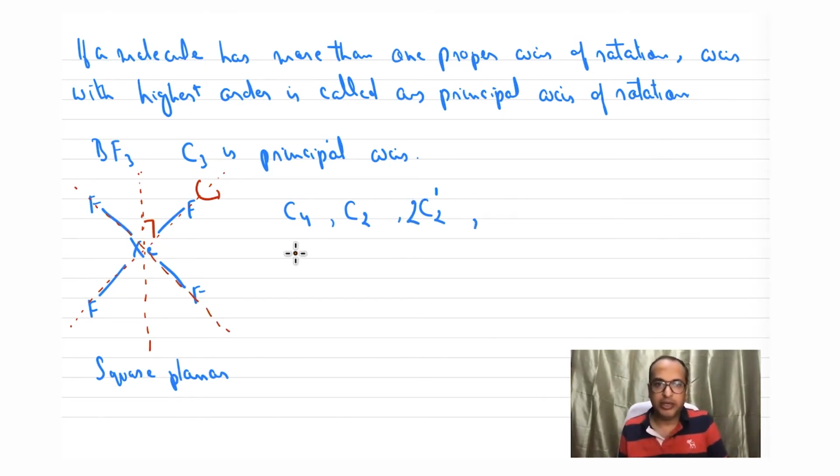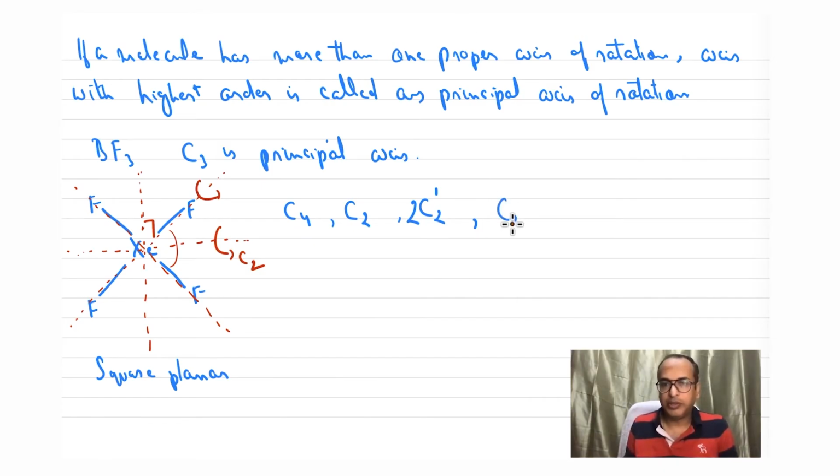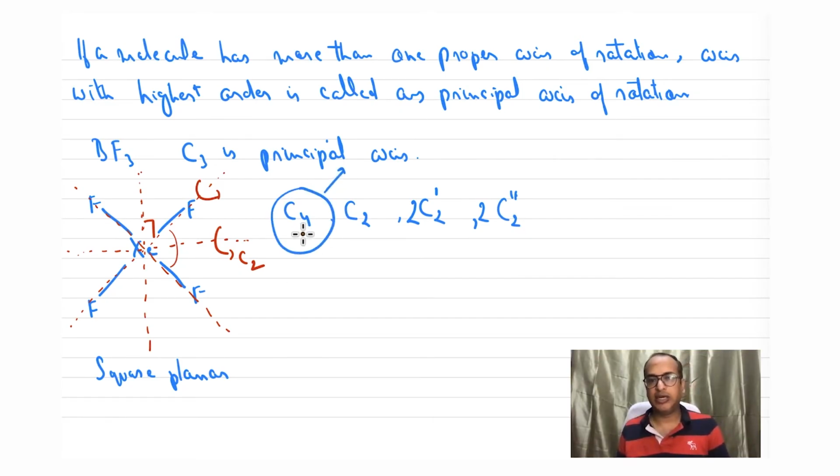Then there would be another C2 which is actually bisecting the F-Xe-F angle. Instead of passing through the bonds, now it is bisecting this angle. This is also a C2, so this will be called C2 double prime. This is just to distinguish between different C2s, and there will be two such C2 double primes, right? So these are all the proper rotation axes present in this molecule, and C4 will be called the principal axis, right? Because this is the axis with the highest order.